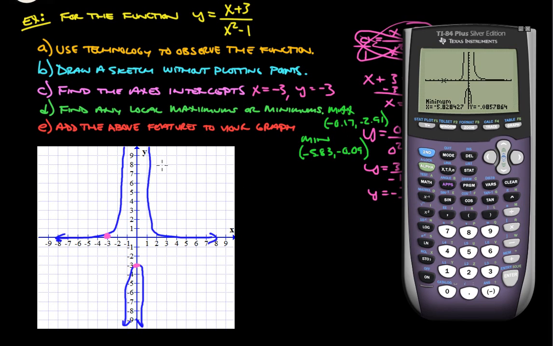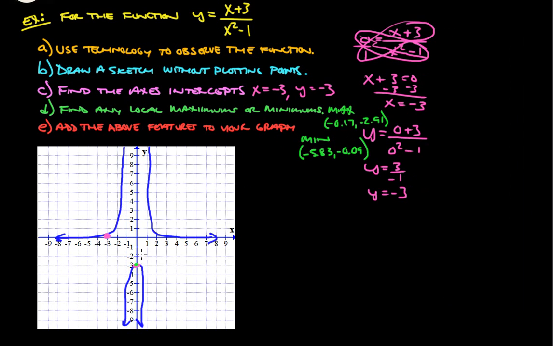All right, and then last thing says add the above features to your graph. So you're going to want to actually add these features on here. So make a little dot here, and I'm going to put, let's see, this is negative 0.17 and negative 2.91.